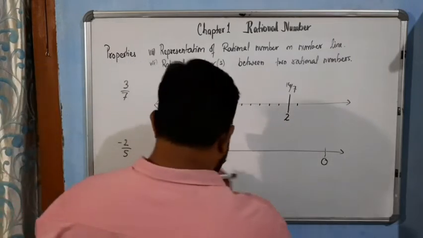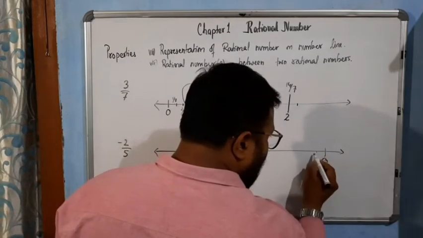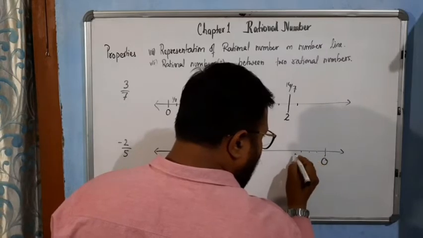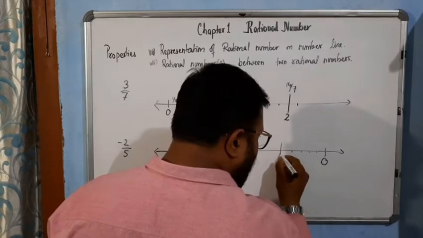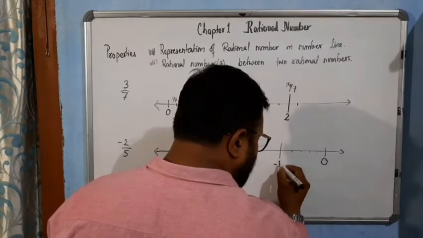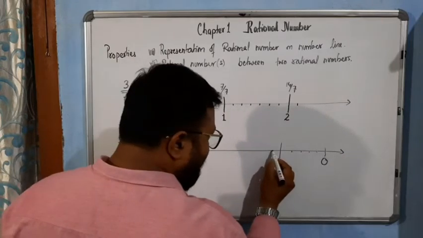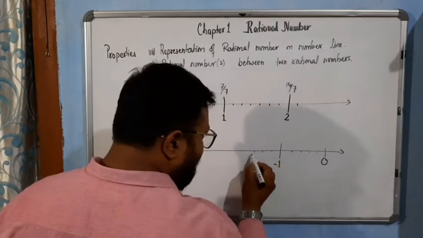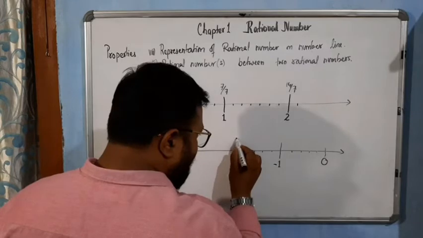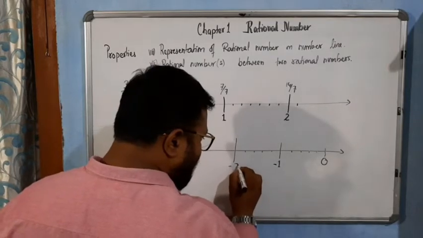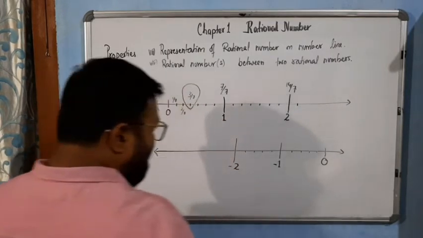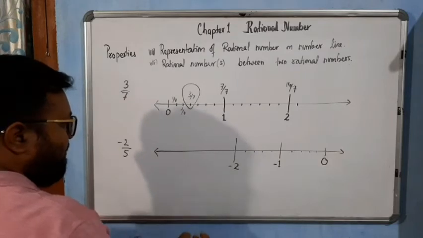So for this one we will write 1, 2, 3, 4. On 5 we will have our first unit 1. Then again 1, 2, 3, 4. On 5 we will have our second number minus 2, like this.